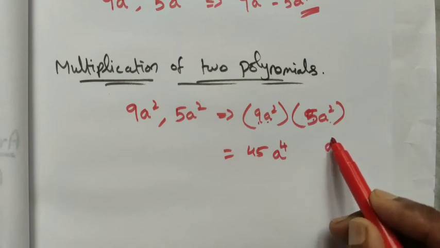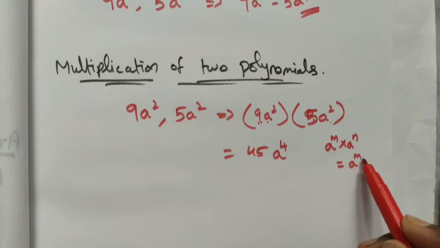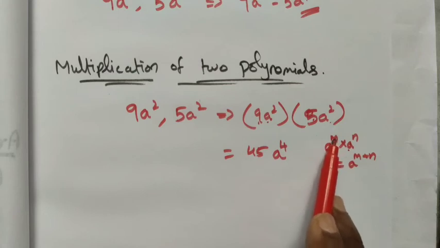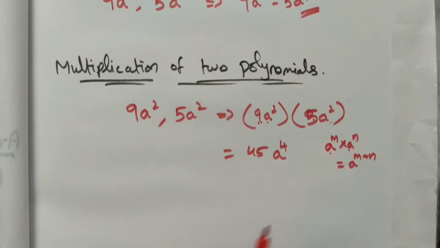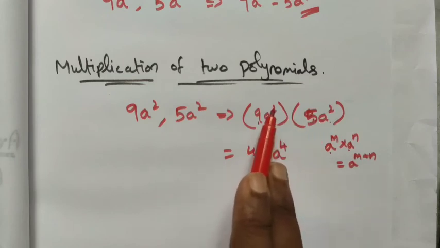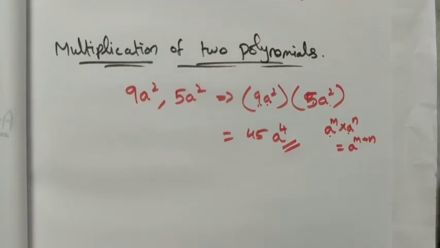We know the formula a power m into a power n is equal to a power m plus n. See, the bases are equal and it is in product form, then we add the powers. That is the condition. So the base a, here also a, it is in multiplication, so we add the powers. So for the multiplication there is no restriction on multiplying any variables. Now it is 9a square and 5x square.